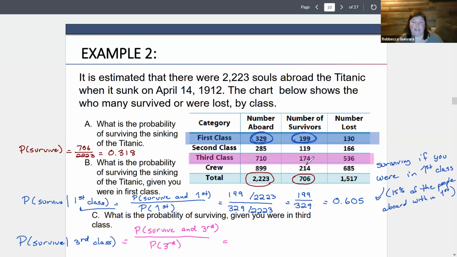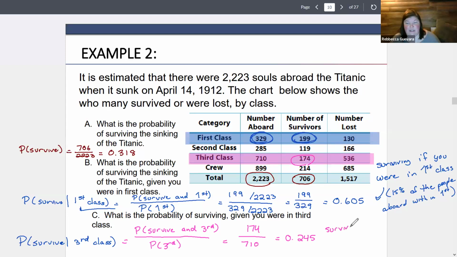So what we have is 179 people survived out of 710 people in third class. I didn't even bother with the 2,223 because I know it cancels out. So this is roughly about 25%. Let me get an exact number for that. So about 25% of those in third class survived.